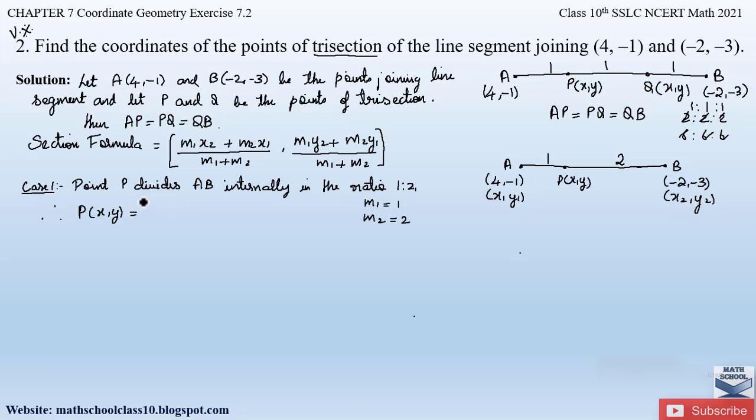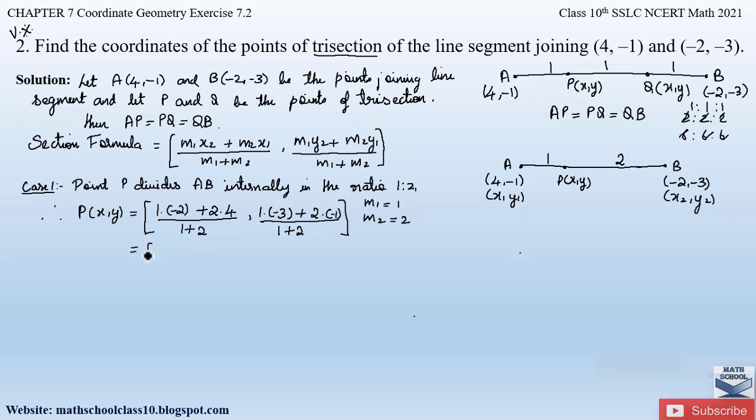So applying the section formula here, m1 is 1 into x2 which is -2, plus m2 which is 2 into x1 which is 4, divided by m1 plus m2, that is 1 plus 2. Similarly, for the y coordinate, m1 is 1 into y2 which is -3, plus m2 which is 2 into y1 which is -1, divided by again m1 plus m2, that is 1 plus 2.